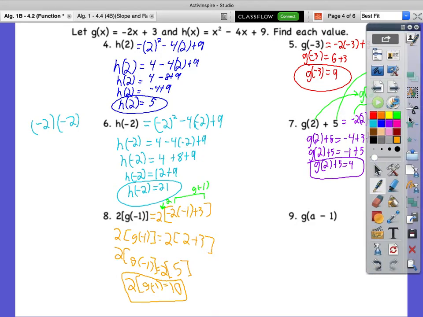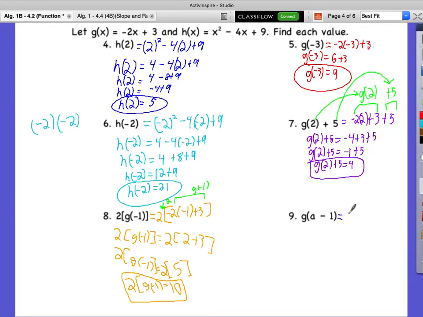Caden, you want to help me set this one up then? Yeah. So we're gonna put equals, and we're gonna put negative 2 times, just put A, minus 1, plus 3. Because the A minus 1 is in the parentheses, that's what we plug in for x. We plug in this whole thing for x.